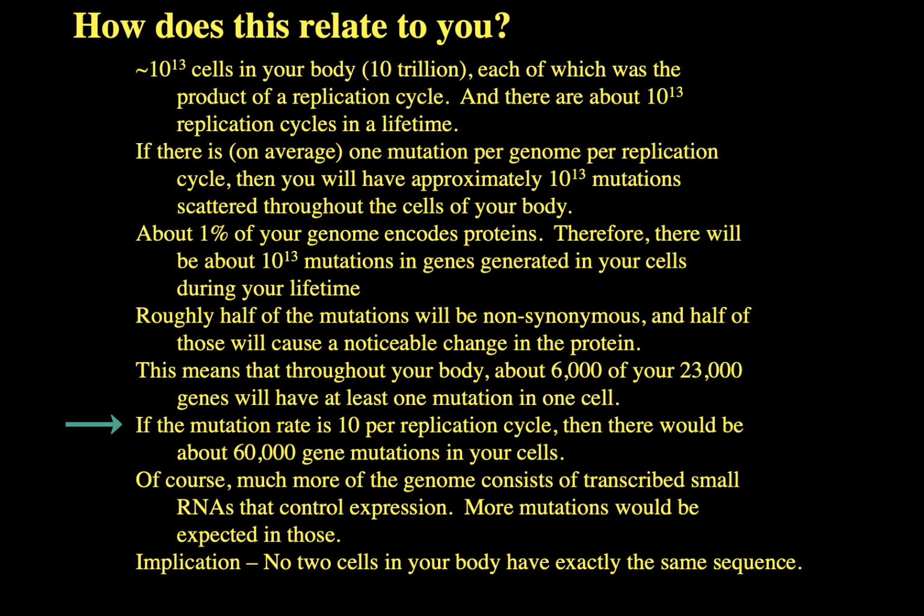And if it occurs earlier in your development, then there will be even more mutations in specific genes. And of course, much more of your genome consists of transcribed small RNAs that control expression. So more mutations would be expected in those.